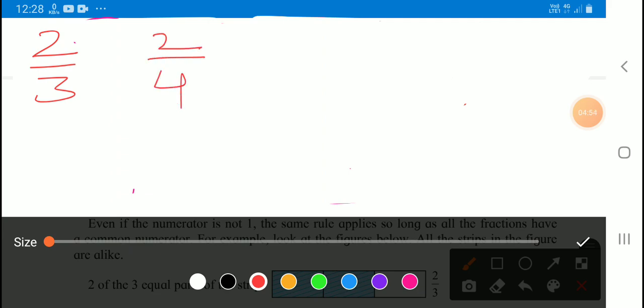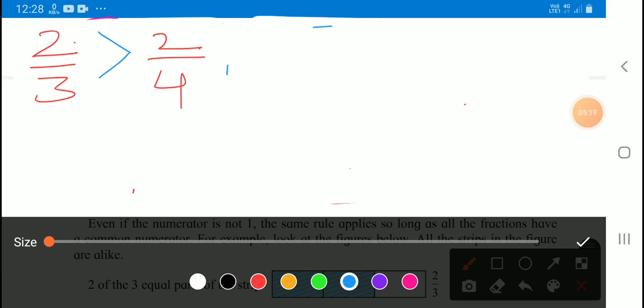Which number is greater in that? Look here, 2 is the equal numerator, then here which fraction is greater? The fraction whose denominator is smaller. So here 2 upon 3 is greater than 2 upon 4.